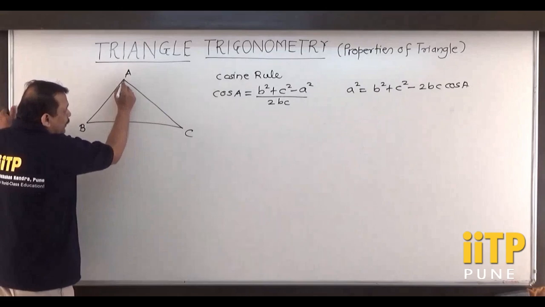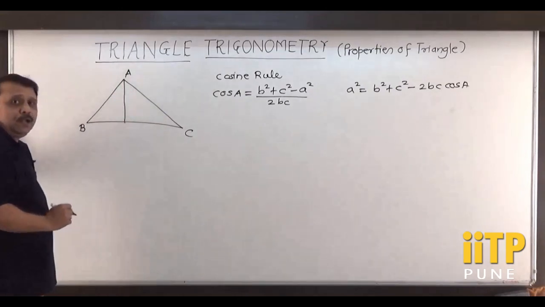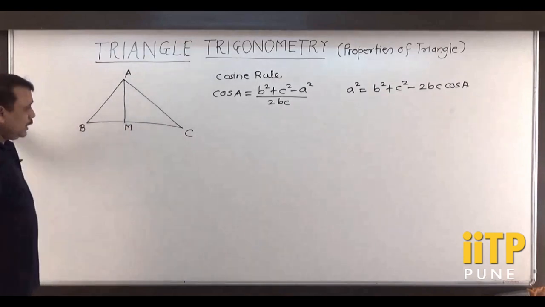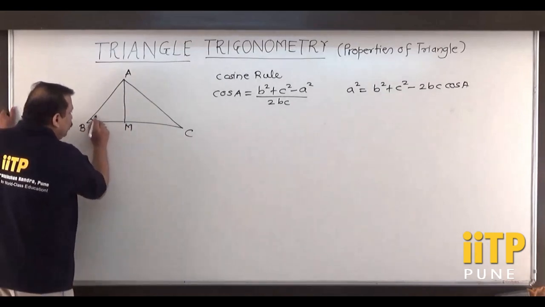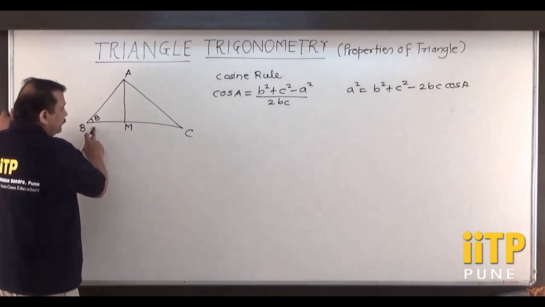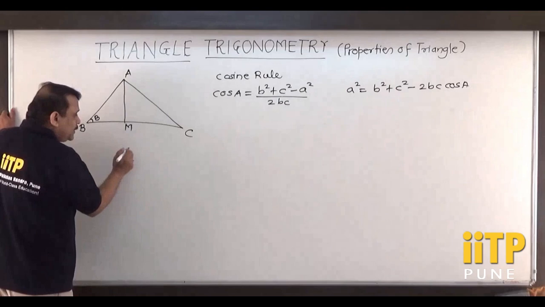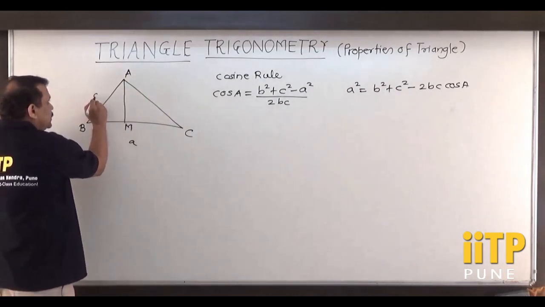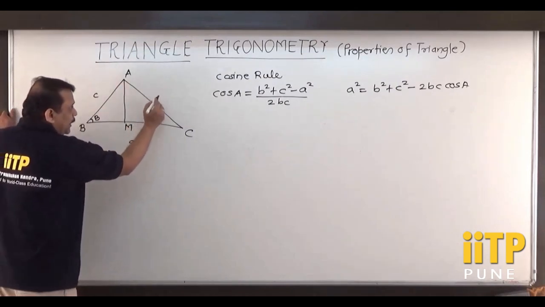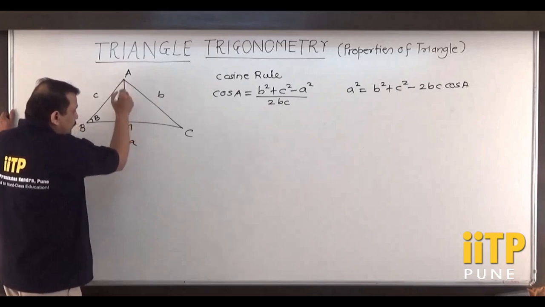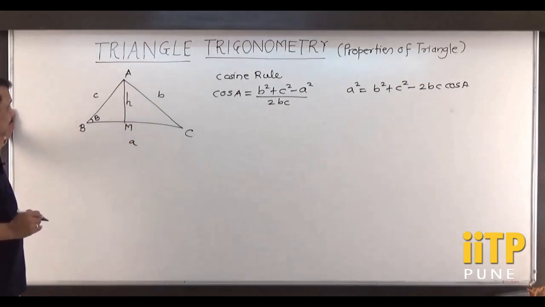So from the point A, you drop the perpendicular on the opposite side at say M. This angle is known to be B. The total distance BC is small a, this opposite side is small c, and this opposite side is small b.